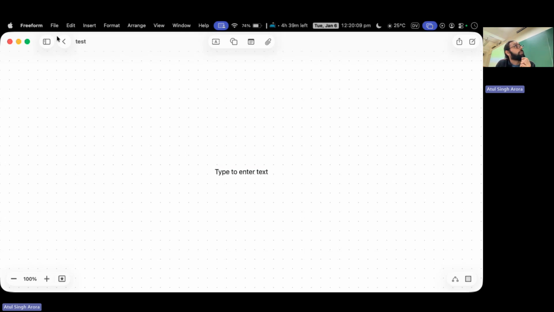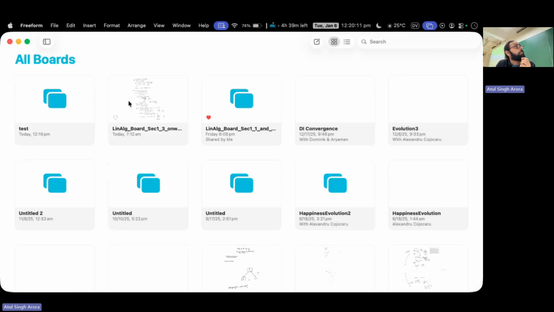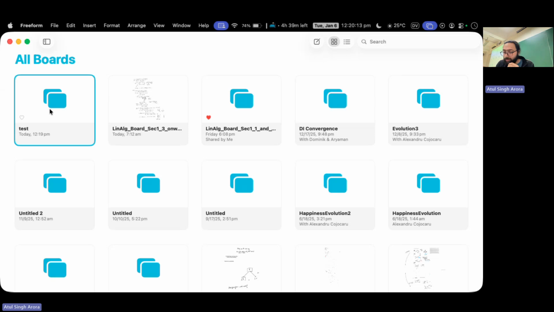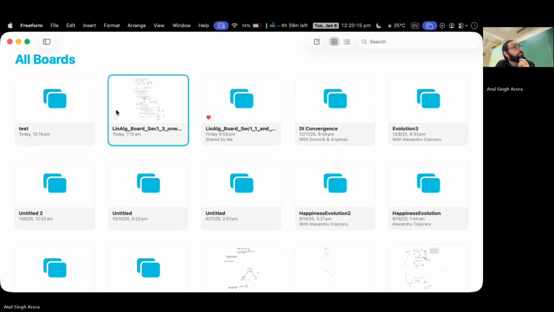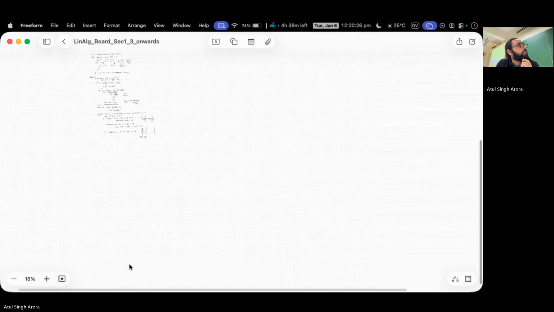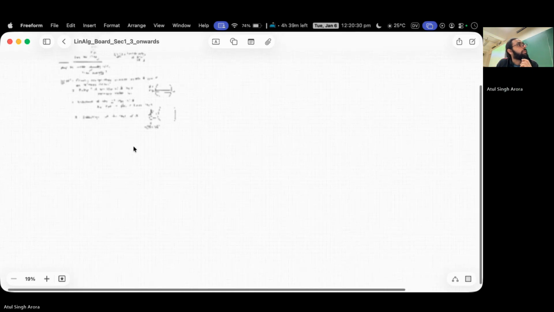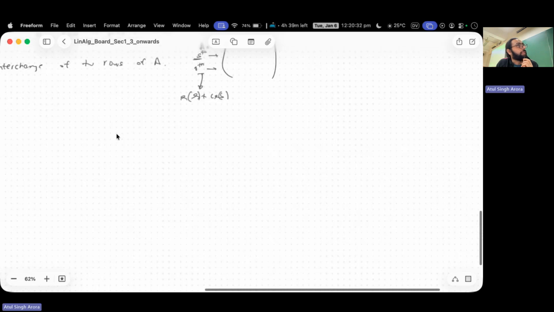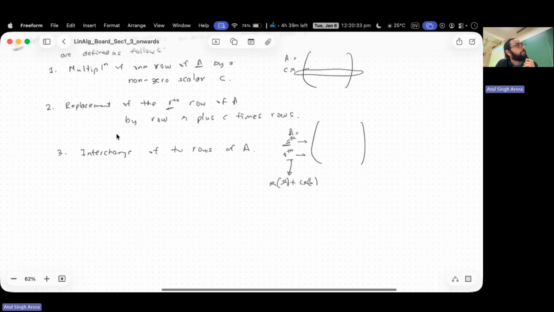Unfortunately, it's not showing the new notebook when I created it. This is very unstable. I'm sorry, I didn't know it's this unstable.